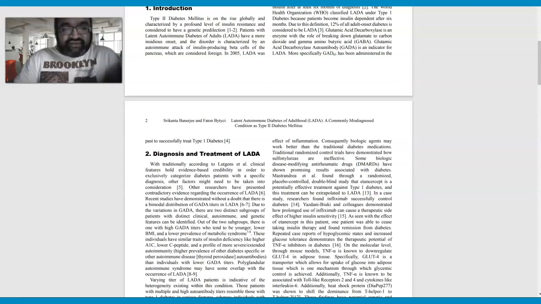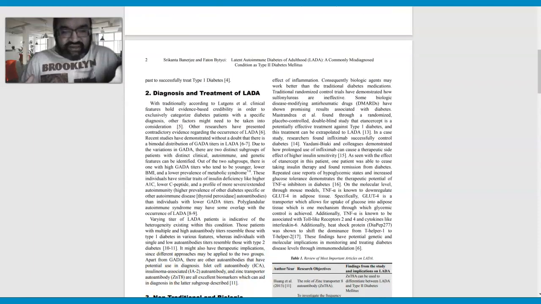So the diagnosis and treatment of LADA, how do we diagnose this? Well, there's an antibody, like I was saying, against not only islet cells in the pancreas, but also circulating through the body. As with any other autoimmune disease, anti-rheumatic conditions, DMARDs are a good option.